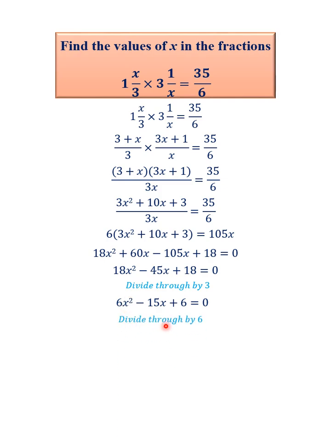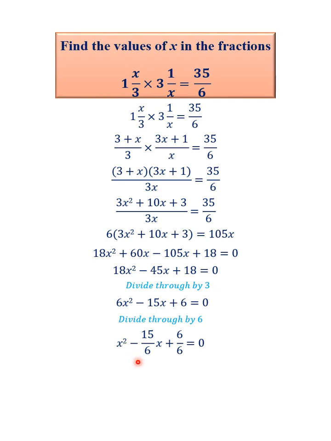So let's divide through by 6, so that we have x squared minus 15 all over 6x plus 6 all over 6 equals 0. Always make sure that the leading coefficient is 1 when solving by completing the square method.